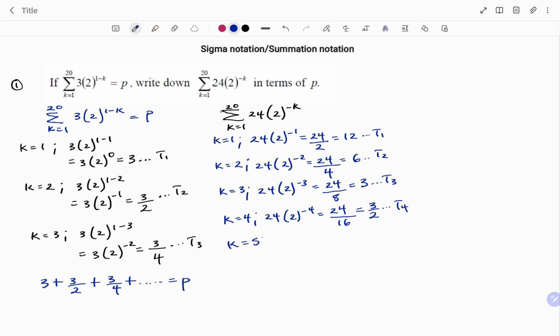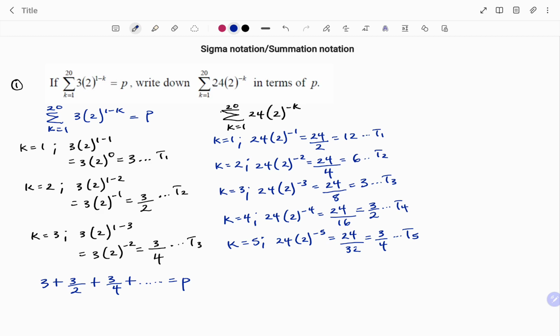If k is equal to 5, then we have 24 times 2 to the power of minus 5, which is equal to 24 over 32. Simplifying, we have that as 3 over 4. That will be the fifth term.